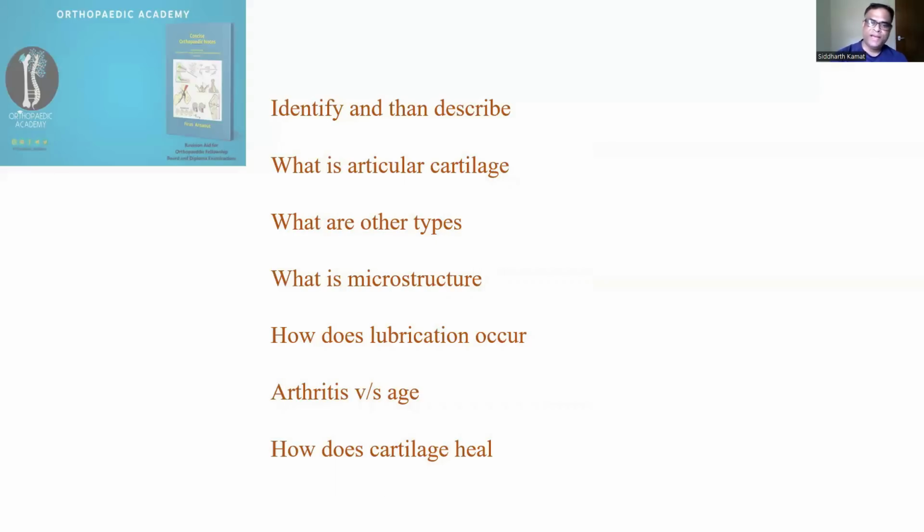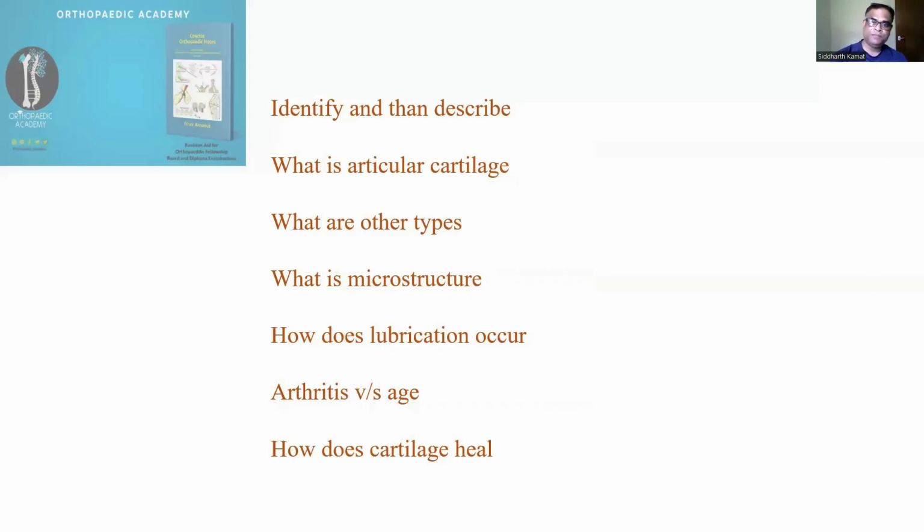Cartilage can be of various types. Hyaline cartilage is articular cartilage.